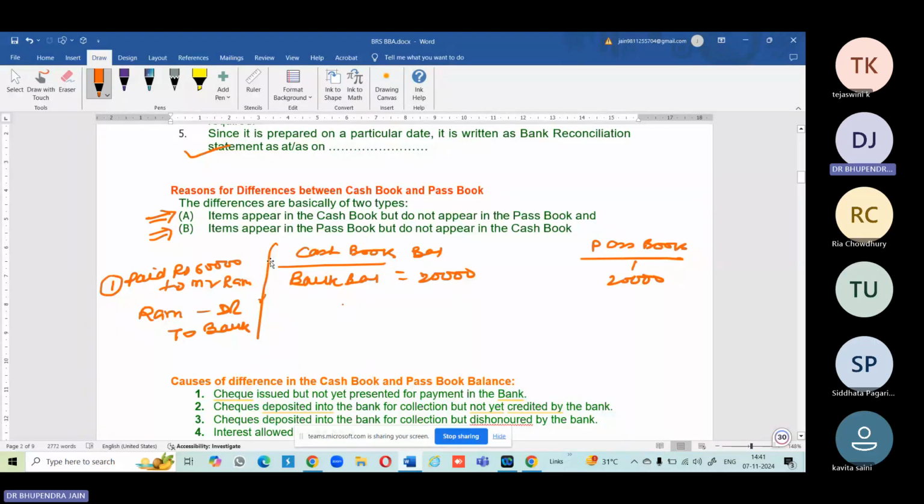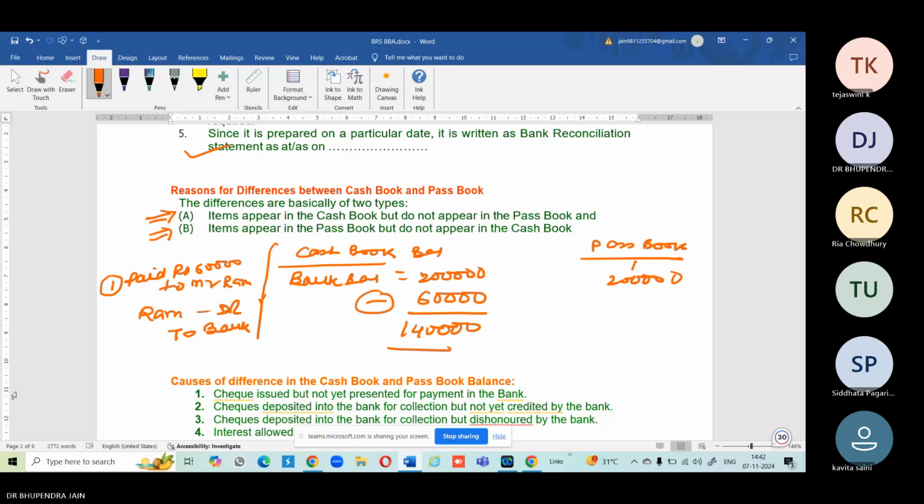Suppose the balance is, just as an example, 2 lakh. So after payment of 60,000 rupees through the bank, you pay just through a check. You give the check. So now you will subtract from your balance in the books of accounts. Now your balance after issuing the check is rupees 1,40,000.